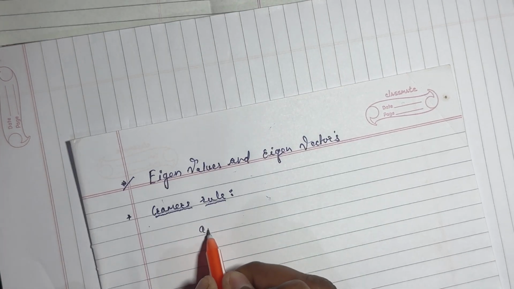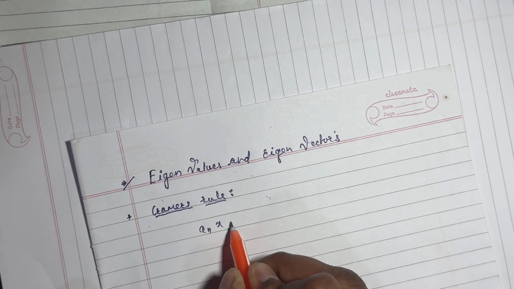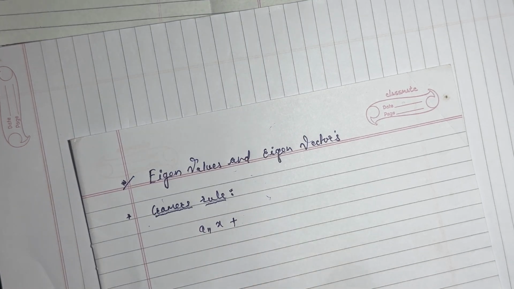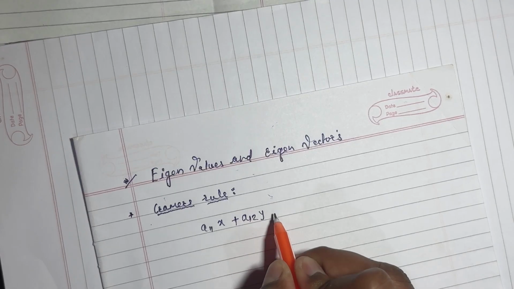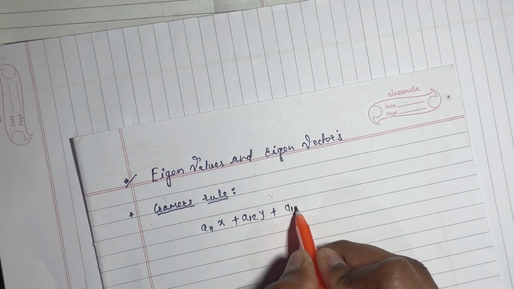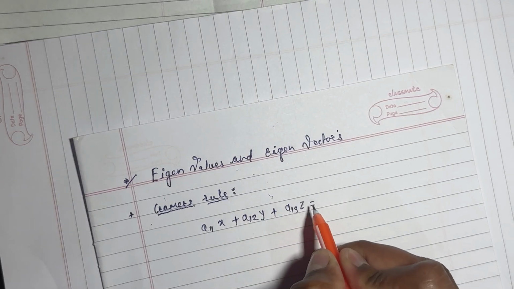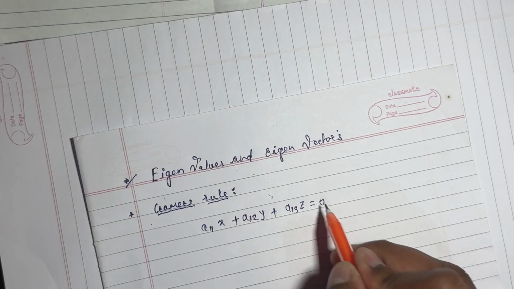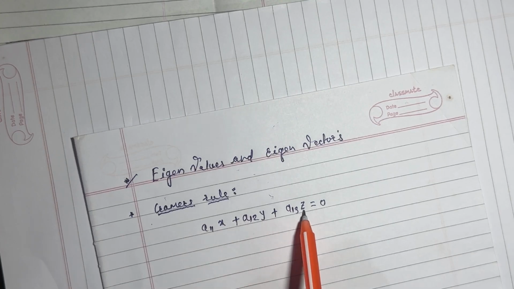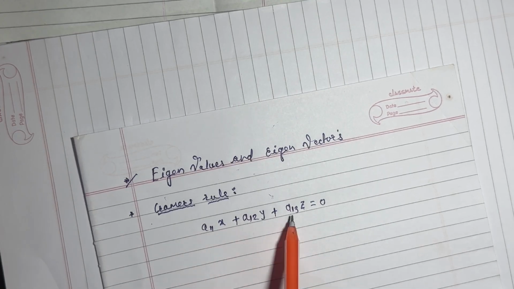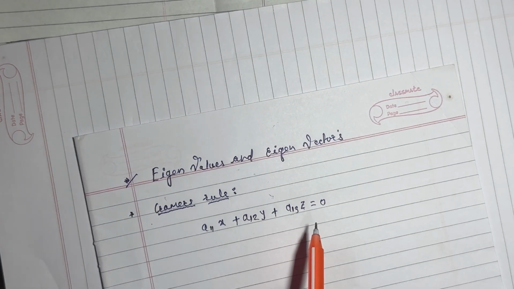a11x plus a12y plus a13z equal to 0. This is a linear equation in 3 variables: first variable, second variable, and third variable. a11, a12, a13 are constants, or scalars.